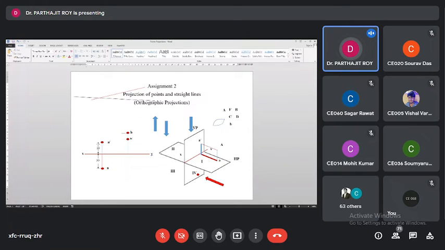Right. So this distance will be shown just like the earlier case using the arrow mark. You will use arrowheads to show the front view and top view. How much is it? 25. Isn't it?